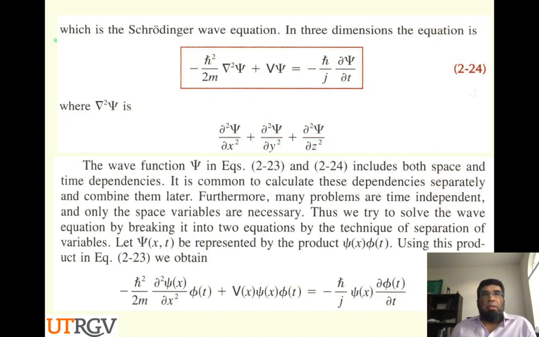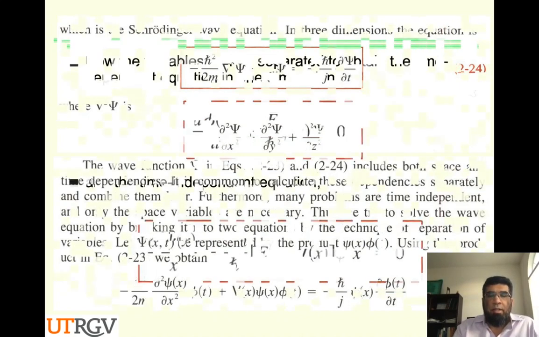This is where we can find the time dependence and the space dependence, and bring them together, and we get both parts in there. And this is equation 2-25 that we get.